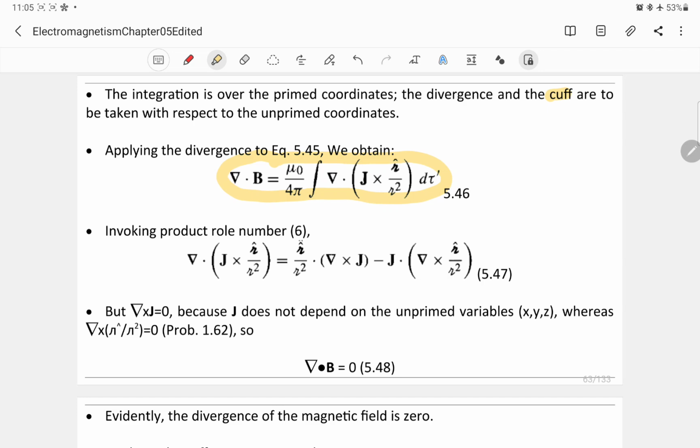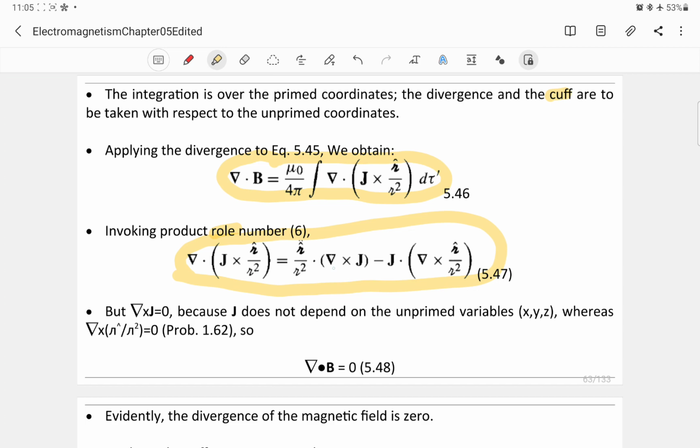And of course, invoking the product rule number 6, this is the rule, so we will have this one here. But of course, the curl of J is equal to 0 because J does not depend on the unprimed variables.